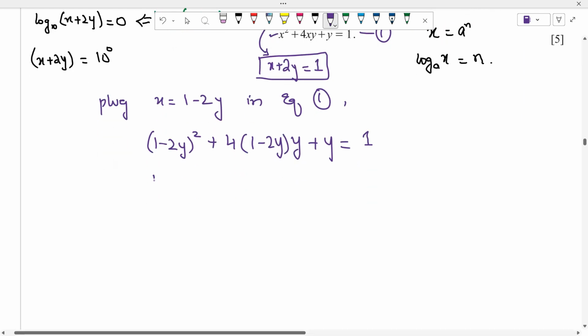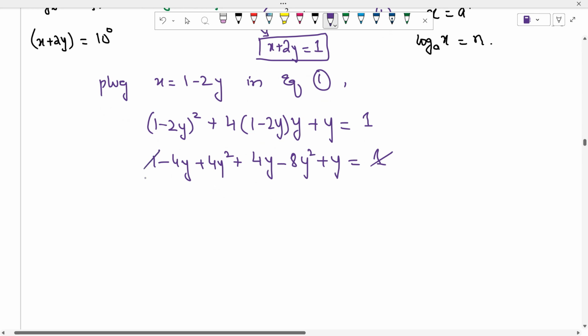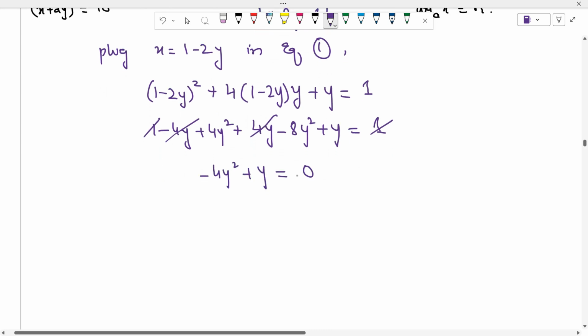Solving this, we will have 1 - 4y + 4y^2 + 4y - 8y^2 + y = 1. The positive 4y and negative 4y are cancelled out. So we will have -4y^2 + y = 0.